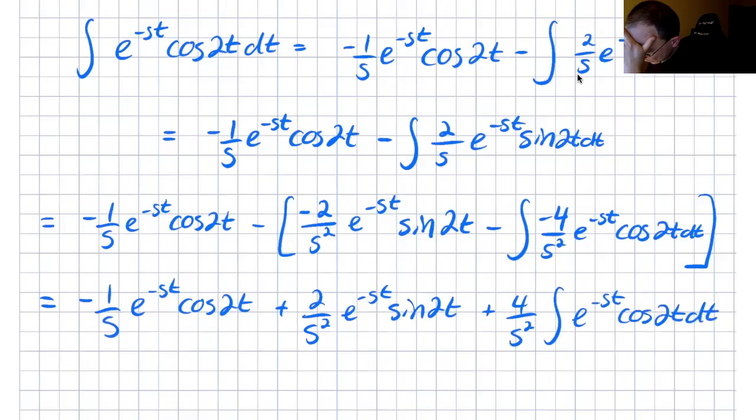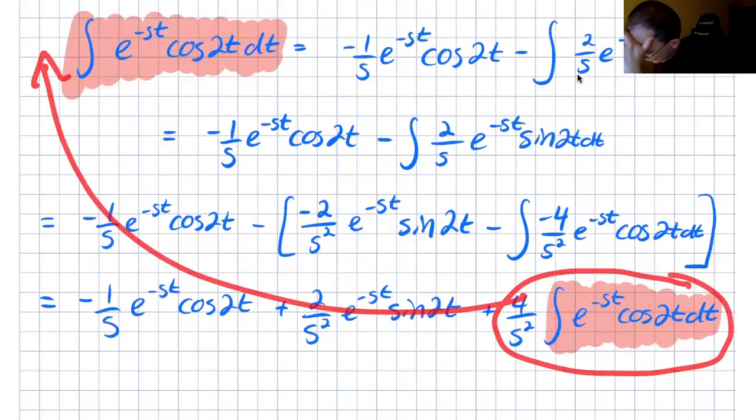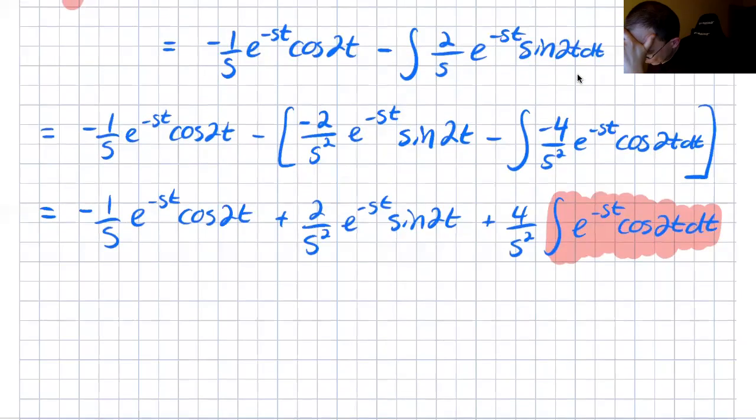Okay, so now the idea is we have this guy here, and that is equal to this one. So I'm going to move this term to this side of the equation and then solve for that.